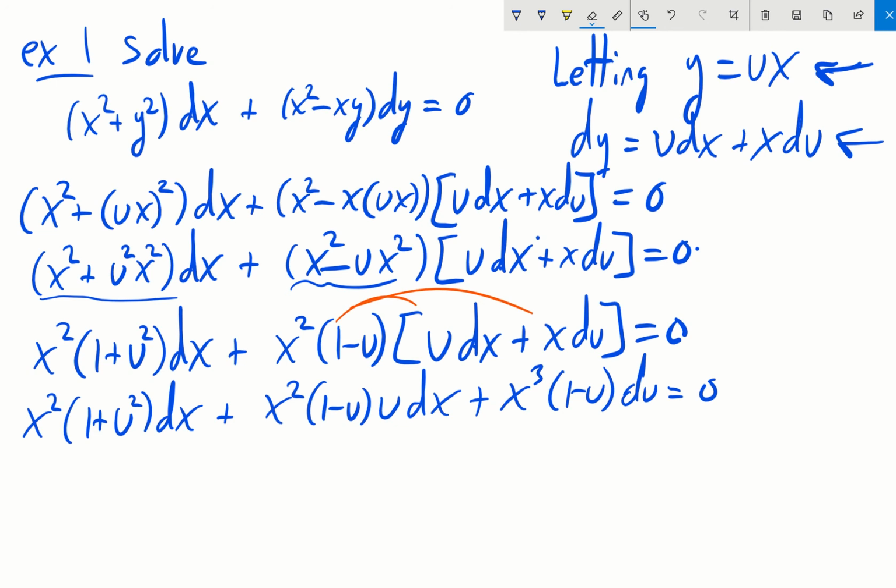From here, we should be able to separate this out. Let's go ahead and do that.